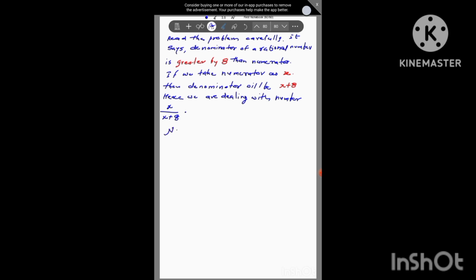Then what it says further, that the numerator is increased by 17, that is we are adding 17 to x in the numerator side. Okay, and then decreasing the denominator by 1.